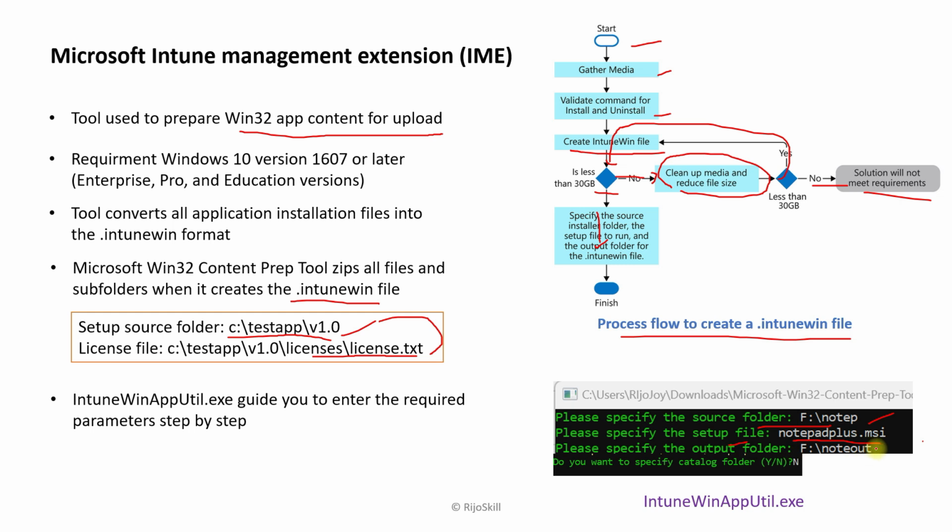The output folder should be clean, so you need to create a new folder, then put the .intunewin file into that folder, for example f:\notepadout. Then, do you want to specify the catalog folder? No. So this is the Intune installation tool command. When you run it, the command will convert the application into an .intunewin file.